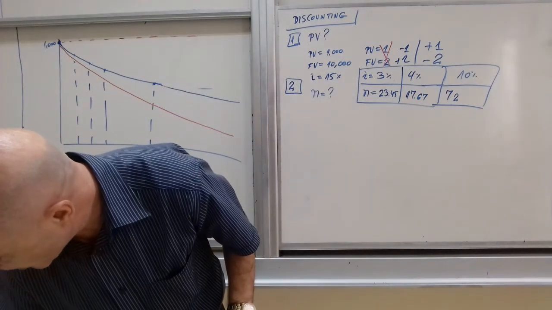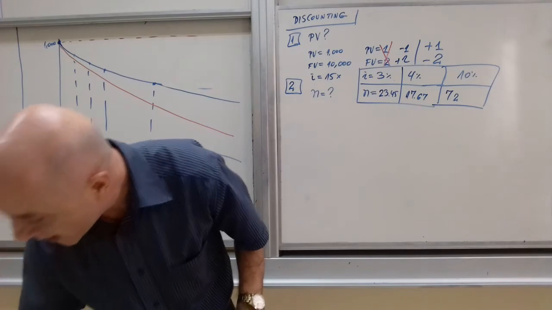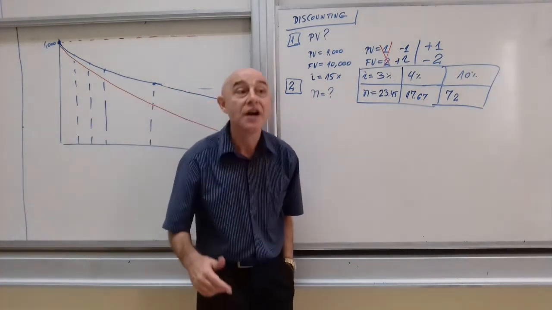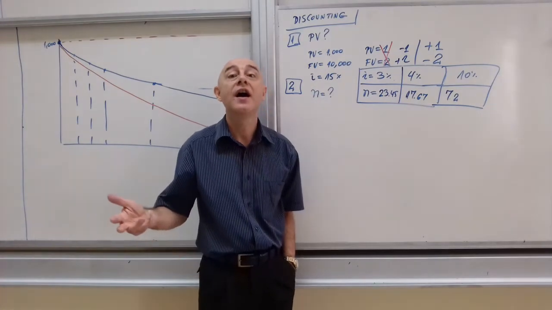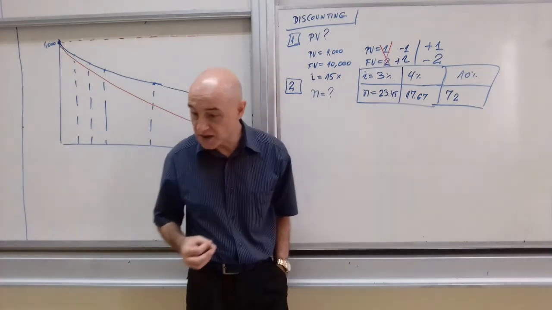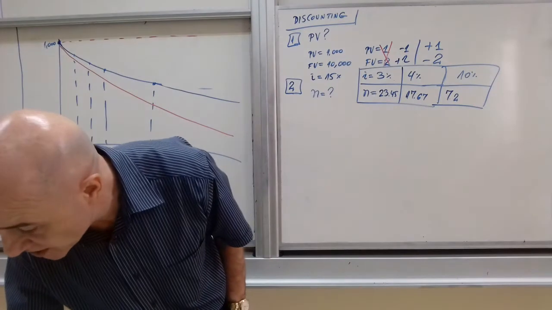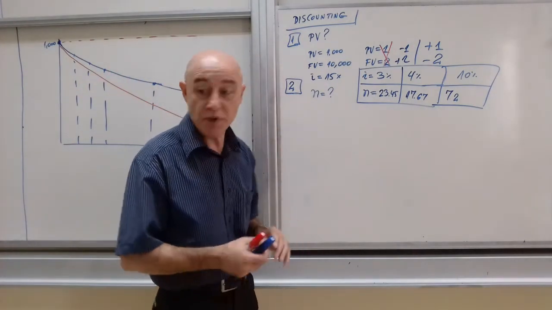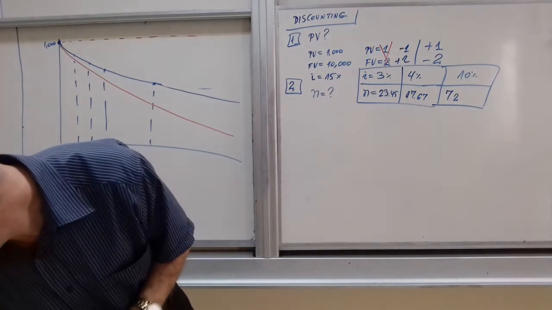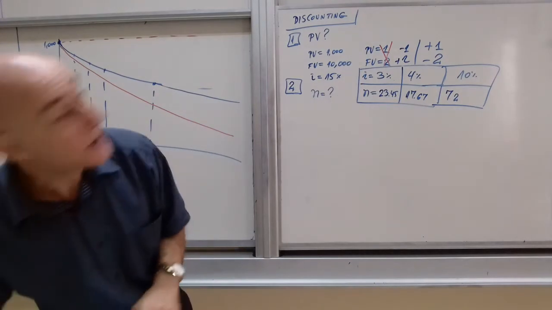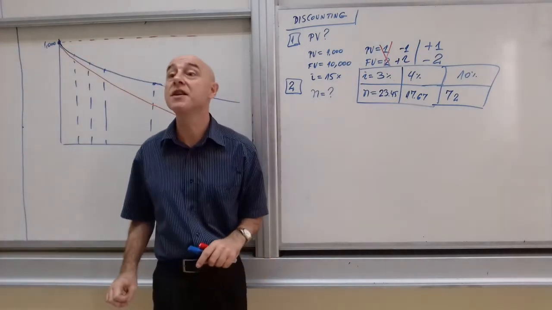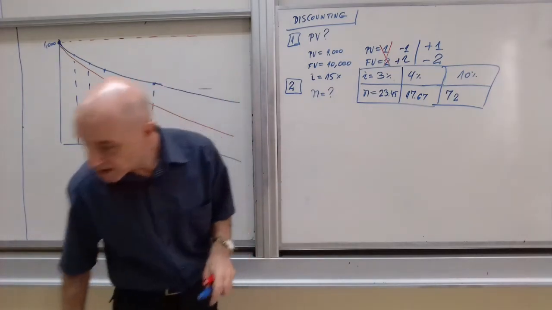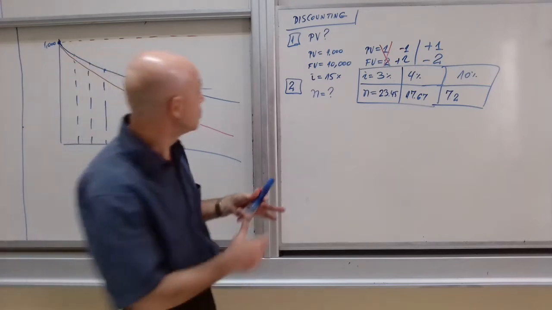You put in 20,000 for the future value, and it does a calculation. It's asking you to calculate for N, and I'm doing exactly the same thing. So that's solving for the number of periods. That was section number 2.